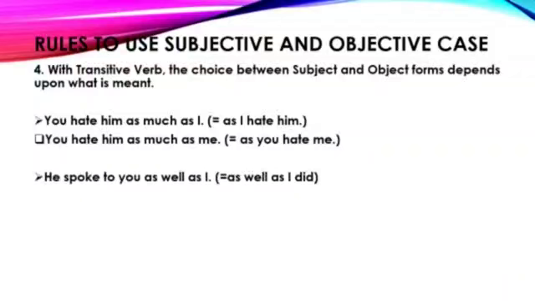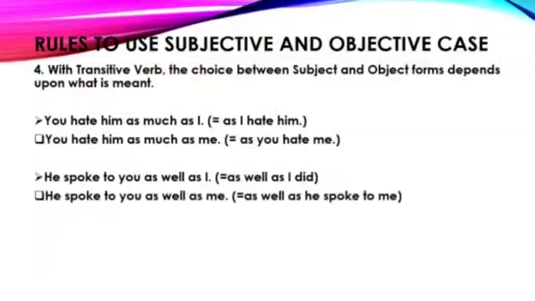He spoke to you as well as I. तुम उससे ऐसे बोले जैसे मैं बोला. He spoke to you as well as me. तुम उससे ऐसे बोले जैसे कि वो मुझसे बोला. Right? So if we use different cases of pronoun, the sense of the sentence is totally different.